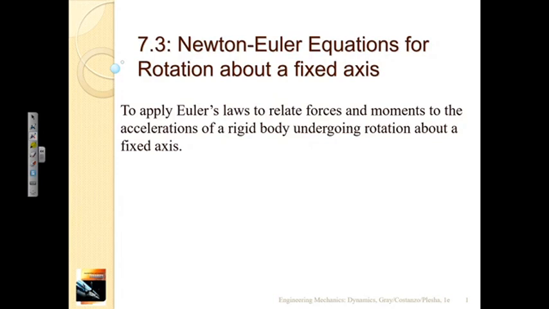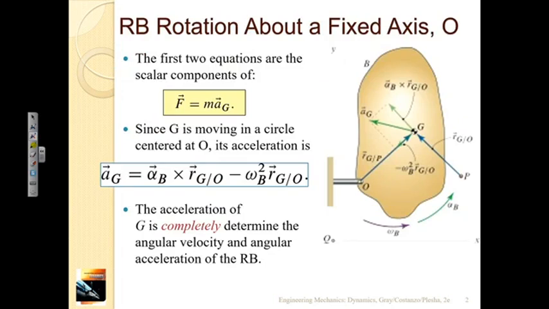We said that this was the moment of inertia about the center of gravity times the angular acceleration of the body, alpha, plus some correction term, r, from point P to our center of gravity, crossed with mass times acceleration of our center of gravity, G. So that was the new one. This is, we said, always true.